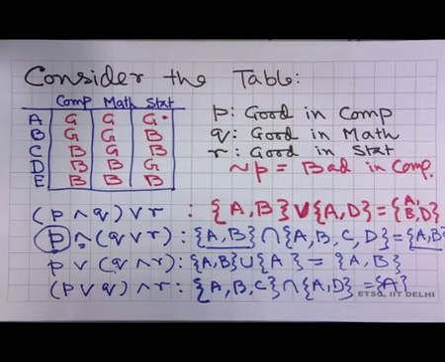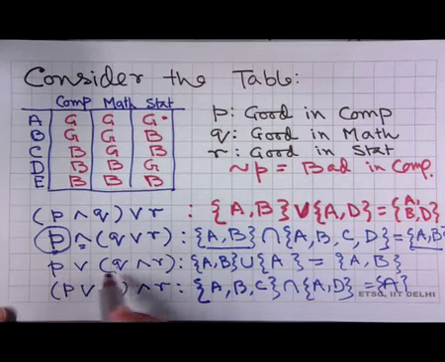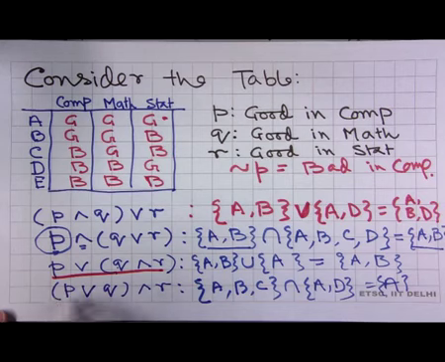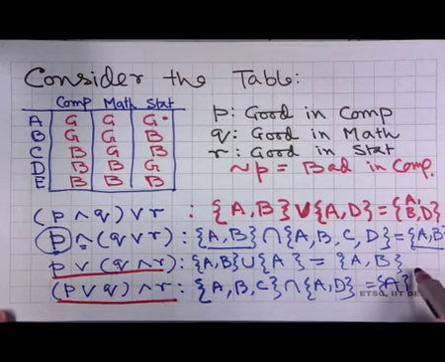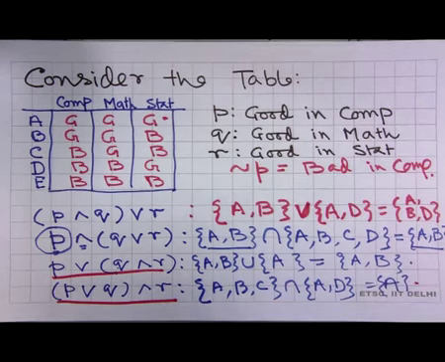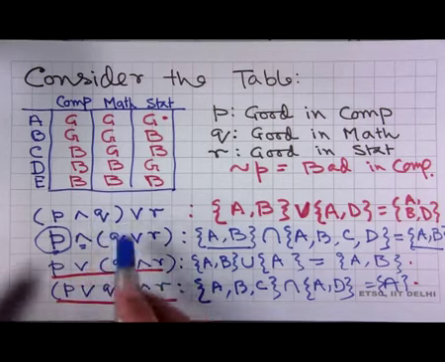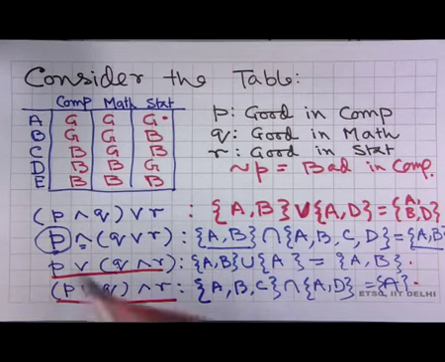So, what does it tell us? It tells us that P or (Q and R) and (P or Q) and R have two different truth sets. In a similar way, we can find that P and (Q or R) and (P and Q) or R have two different truth sets.